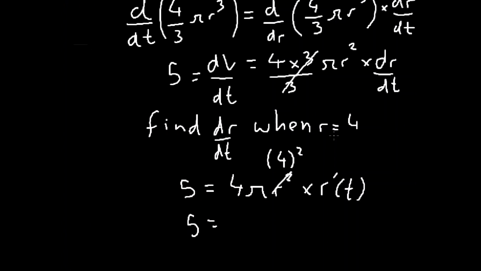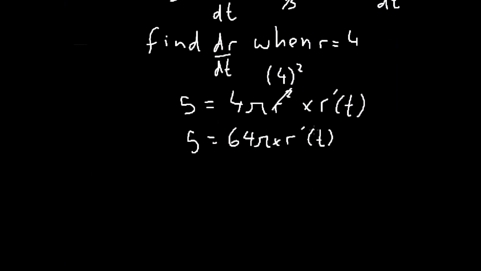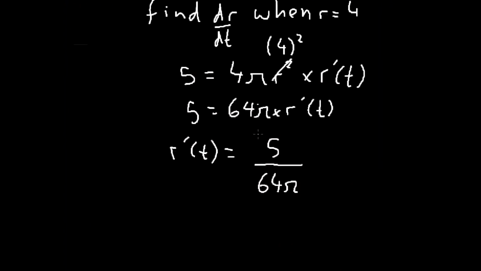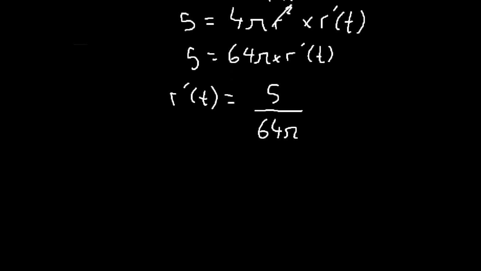So times by 4 again is 64. And now we can solve for that. dr/dt is equal to 5, all divided by 64 pi there. And that is our final answer.